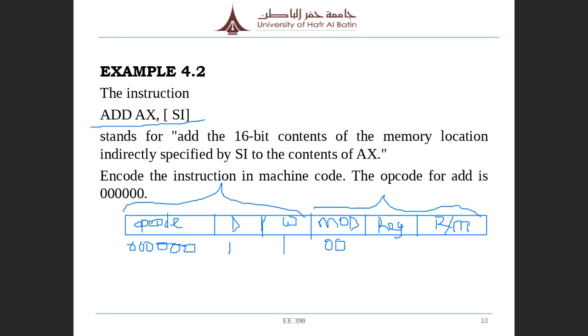Let us have a look at the table. For mode 00, you can see the memory location represented by SI, the register or memory value is 100. Can you see it? 100.